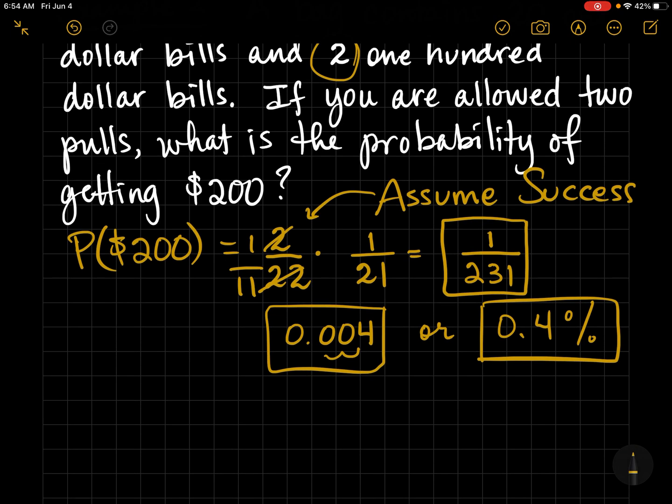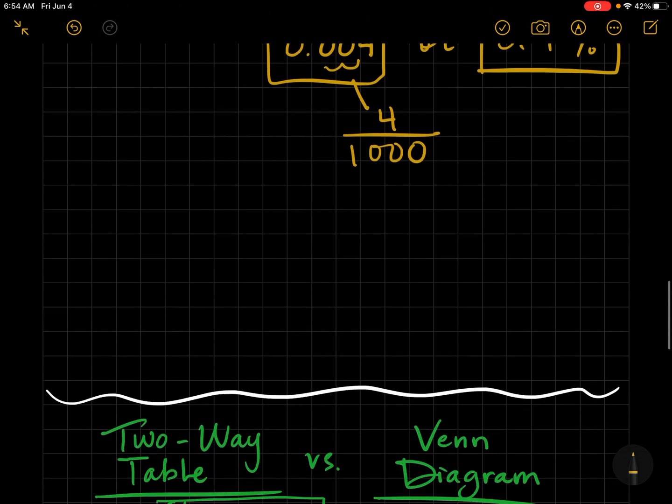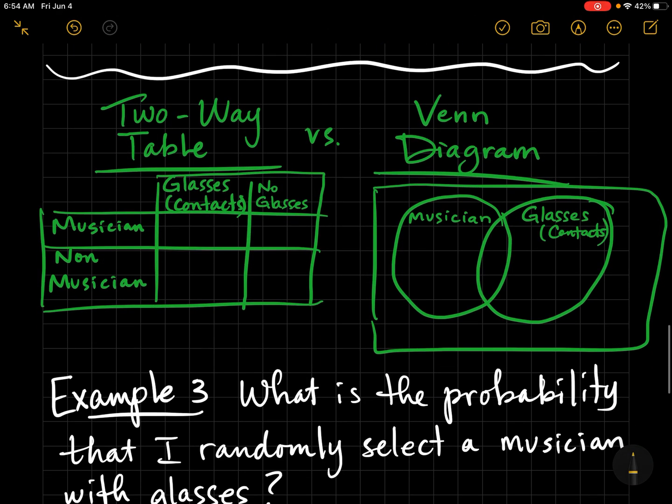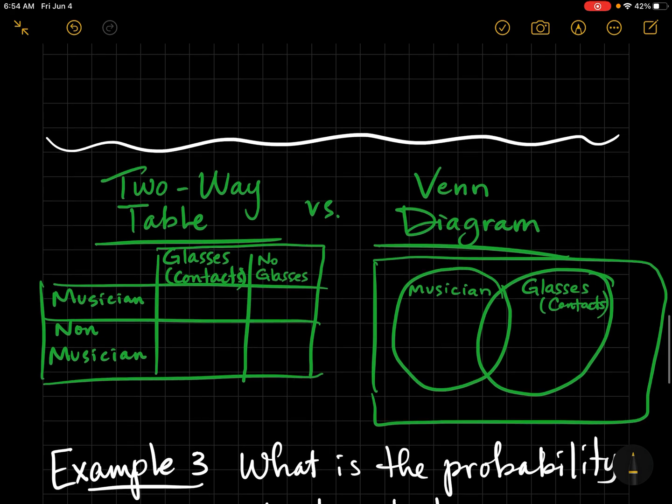Sometimes you'll even see these written as like 4 in 1,000, like say this were a game, and you could say 4 in 1,000 would win this game. Okay, that's just another way to look at this if you move into statistics.